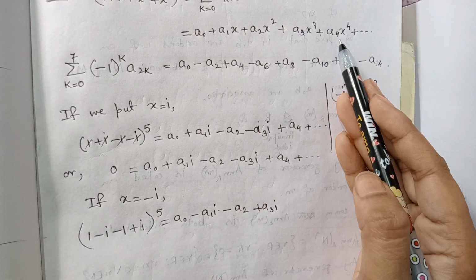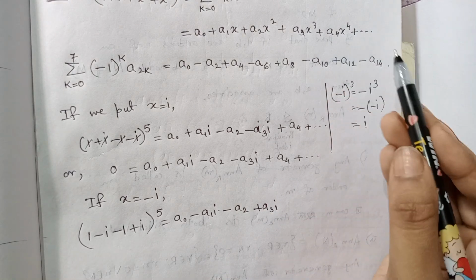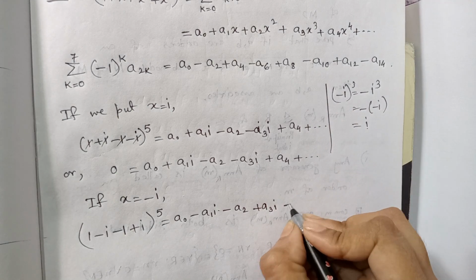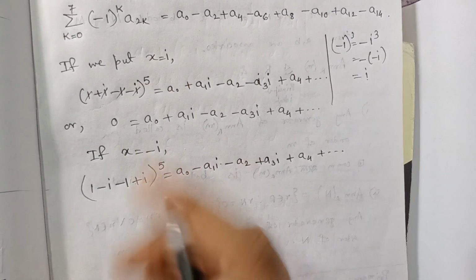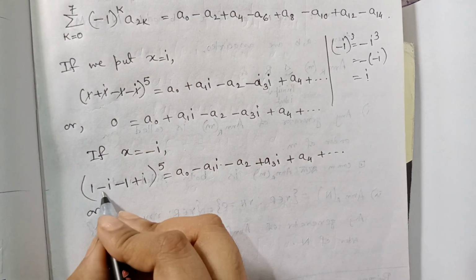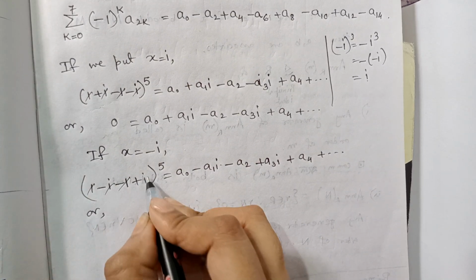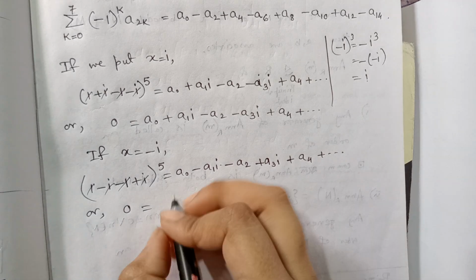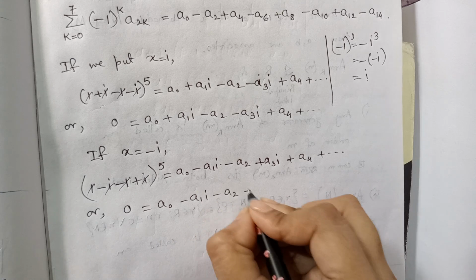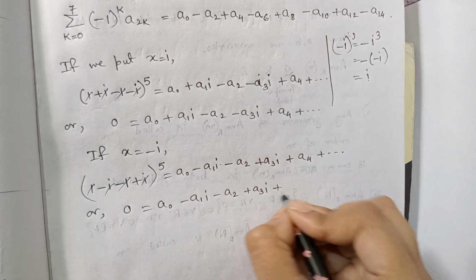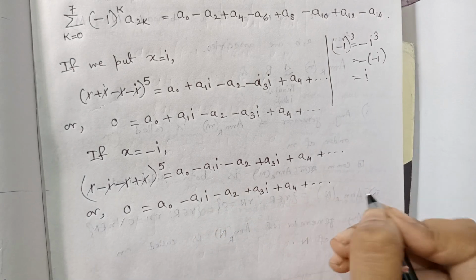And (minus i) to the power 4 is 1, so just a4 and so on. Now see, we simplify this part. So the left side part again we are getting 0, and the right side part is a0 minus a1 i minus a2 plus a3 i plus a4 and so on.